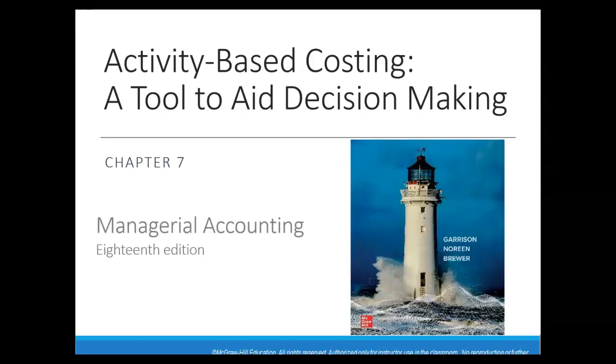Now, that does not mean that internally we can't use a different way of looking at our costs to figure out some additional, very helpful information to figure out, do we want to make one more item? Do we want to accept that additional customer?